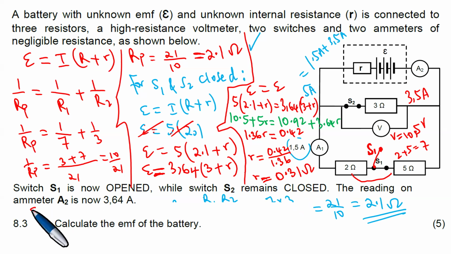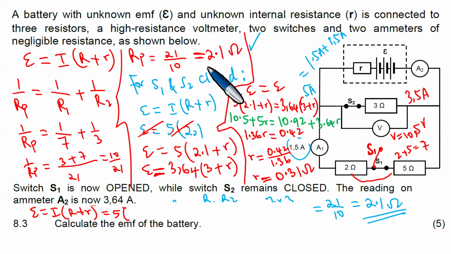And therefore, it means the EMF is I times (R plus internal resistance). And we know that the total current is the 3.5 and the 1.5, which is 5.